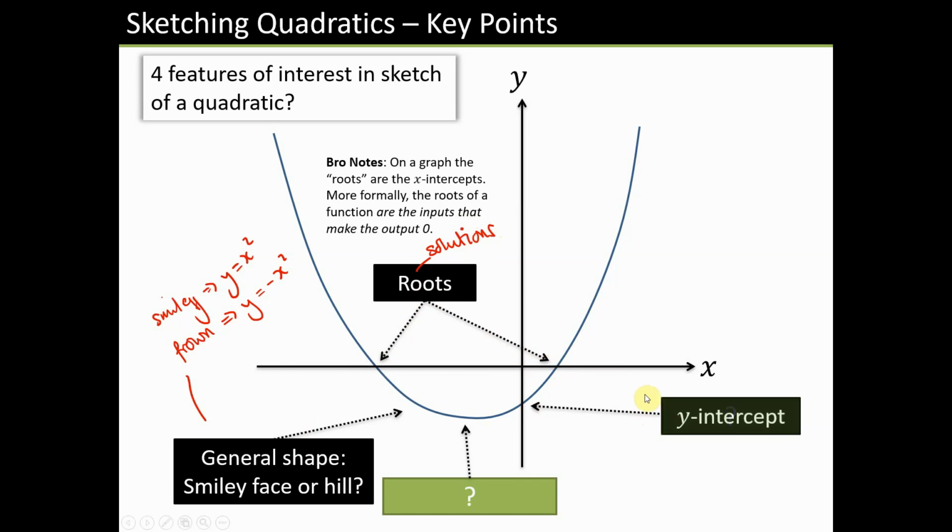And then the third one that is important is the y-intercept. With a straight line, hopefully we remember that it's in the form y equals mx plus c, where this was the gradient and this was the y-intercept. That's where it crosses the y-axis.